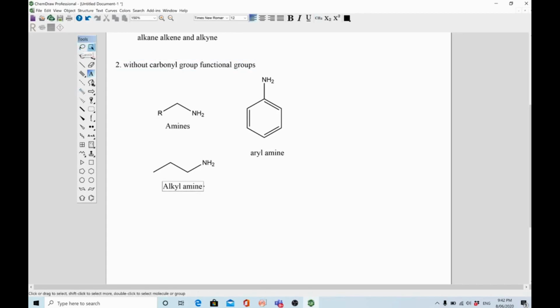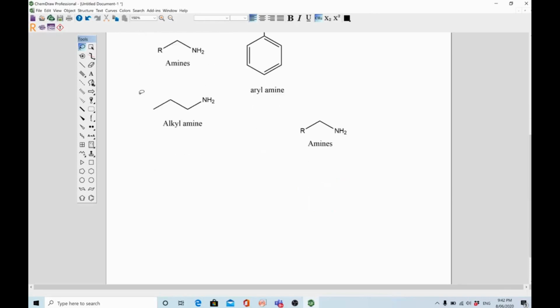By the way, there are three types of amines as well, similar to alkyl halides, and they can be classified in the same way: primary, secondary, and tertiary. So primary amines, now you have to look for nitrogen rather than carbon. In alkyl halides we were looking for carbon containing hydrogens, but here we will see amines. If the nitrogen has two hydrogens, that is a primary amine.